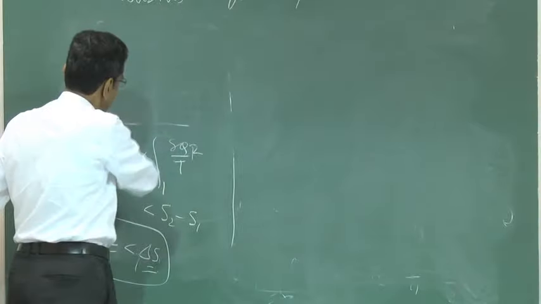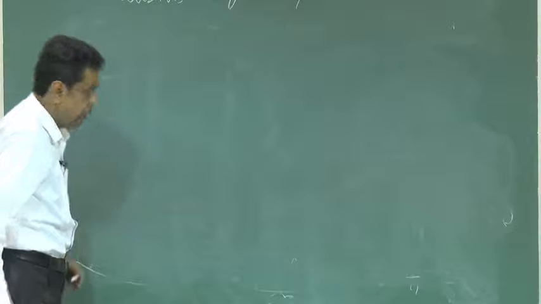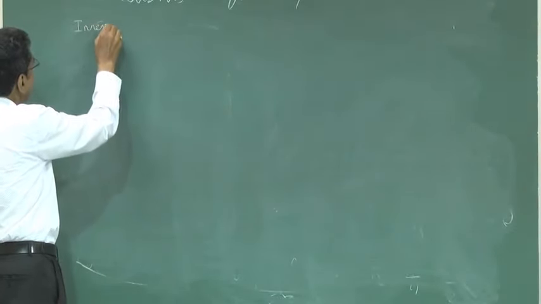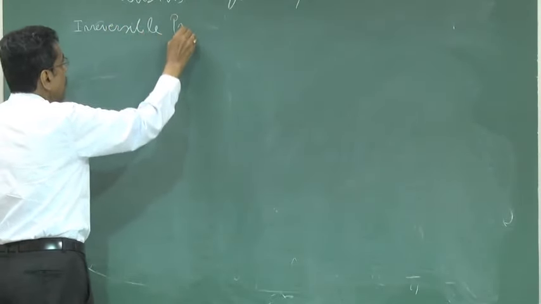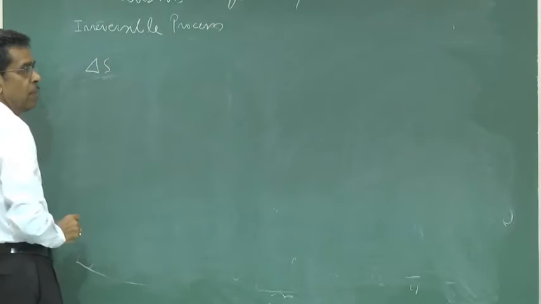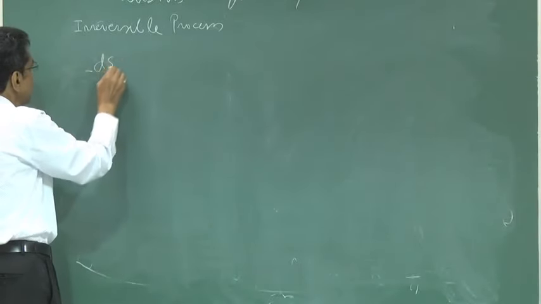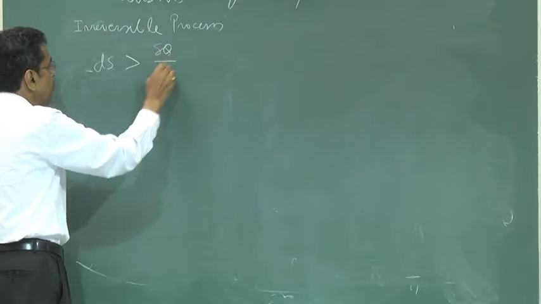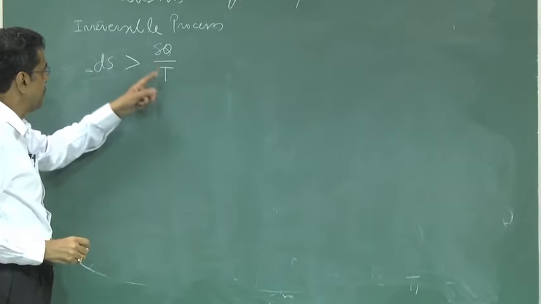Now let us consider an irreversible process which is internally irreversible. For an irreversible process, in differential terms, ds is greater than del q by T, from the Clausius inequality.